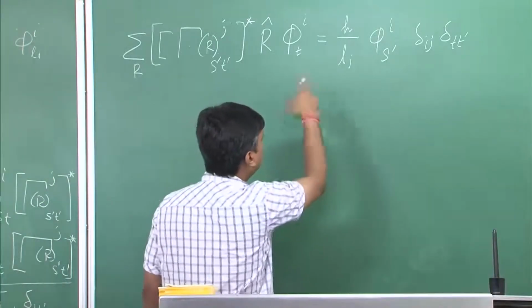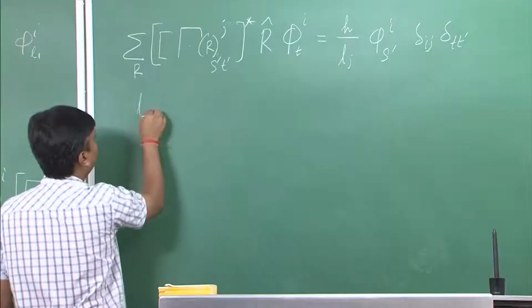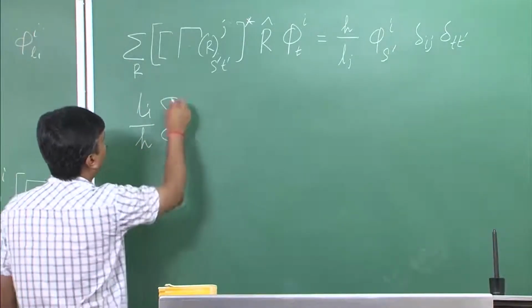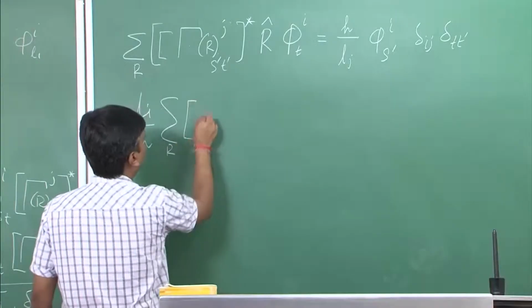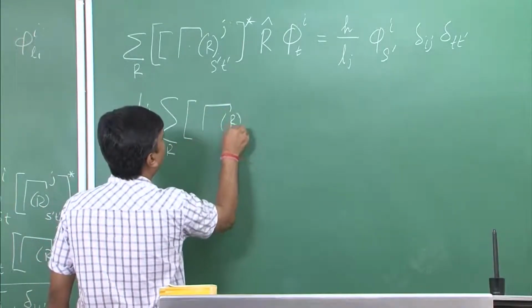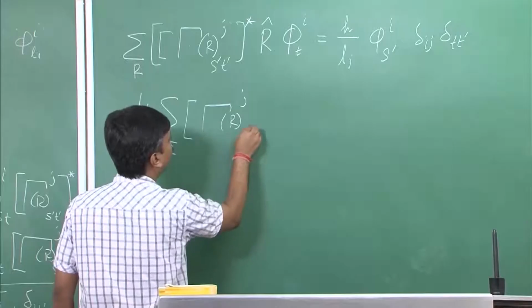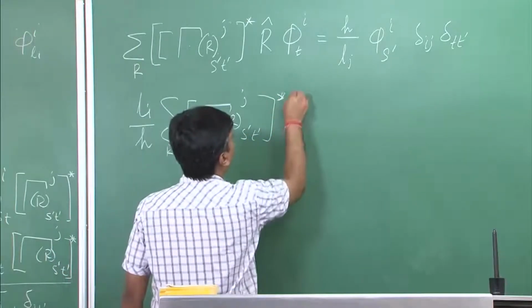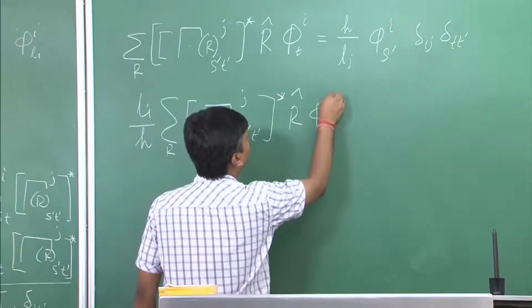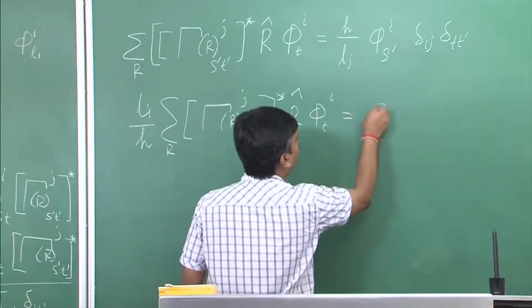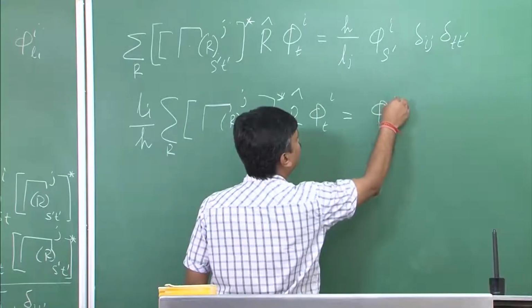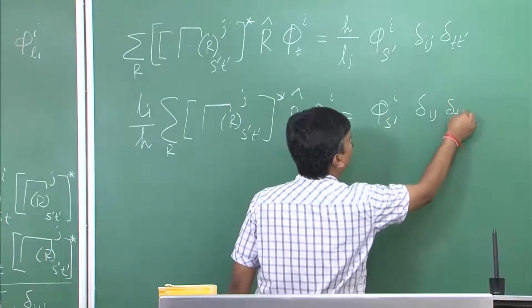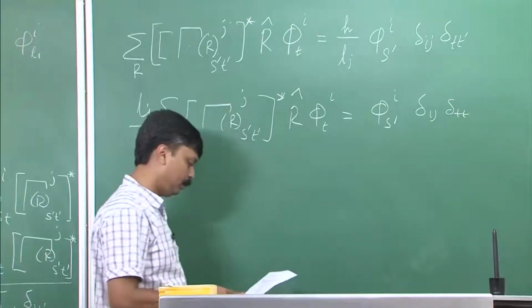Now by rearranging, I can have Li by h, whatever we had, phi of s prime, delta ij delta tt prime. All right.